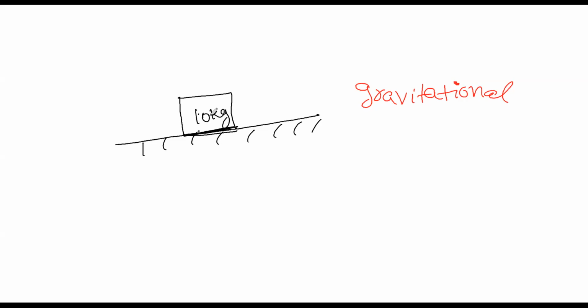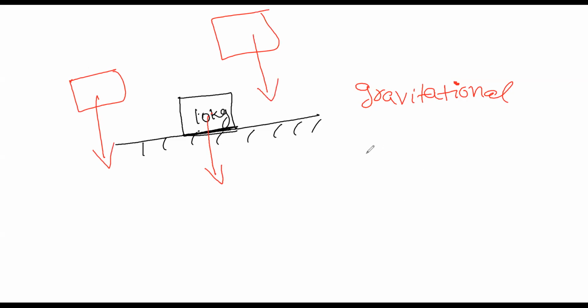Here the gravitational force is downwards, right? It means the earth is pulling the body towards itself. Wherever the body is, at any height, it will always be downwards, even if it is slanted.